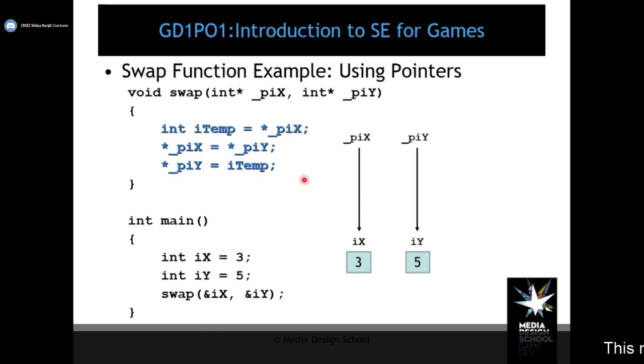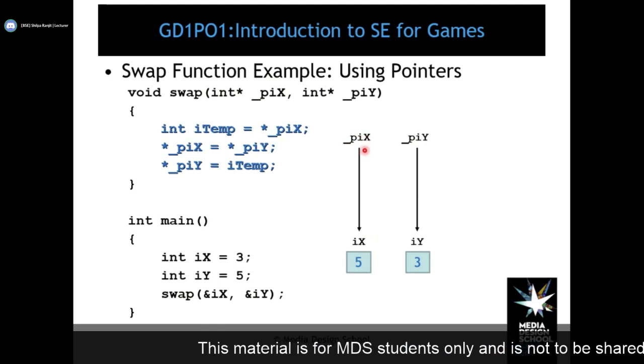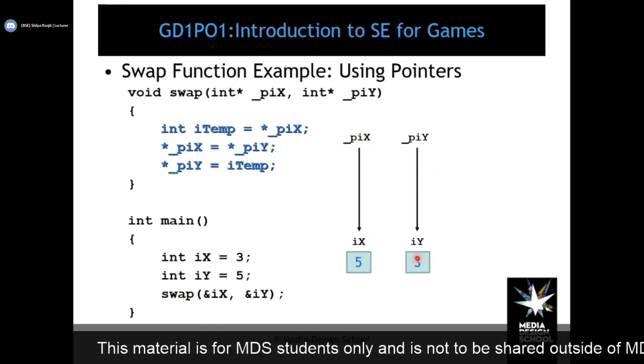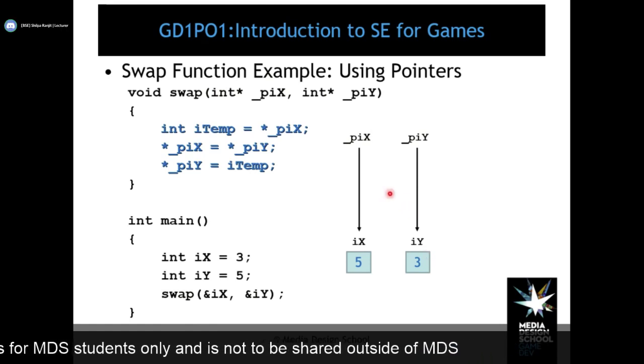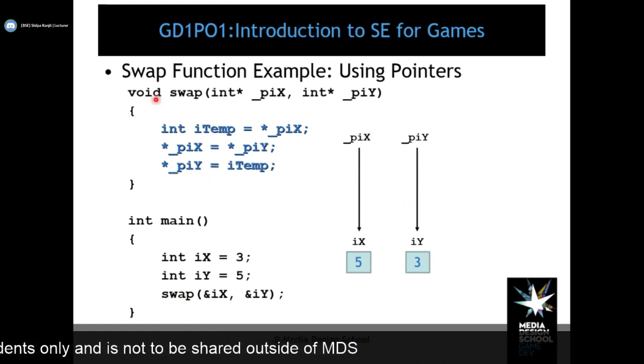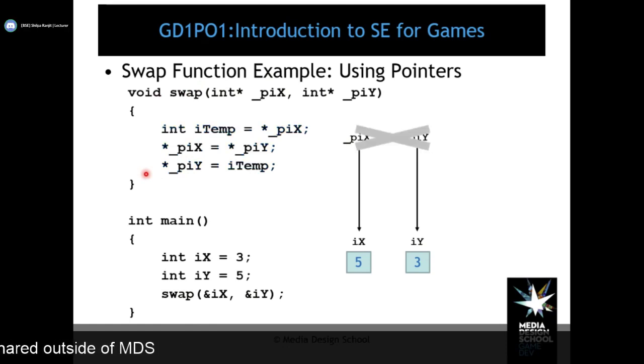Okay, so after this code gets executed, what happens? The values, that is the memory locations that are pointed to by these pointers, have their values interchanged. So 3, 5 becomes 5, 3. Now, after the function completes its execution, what happens?